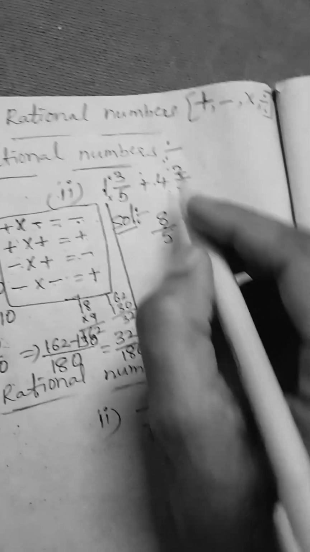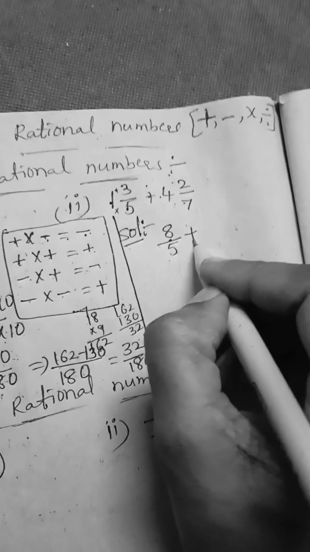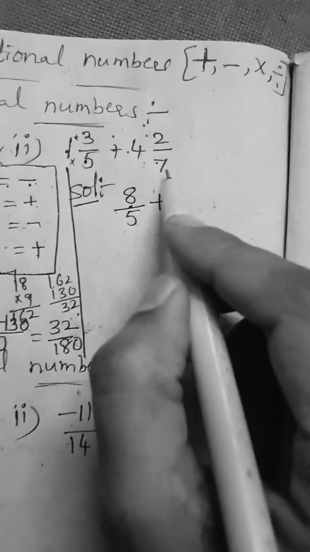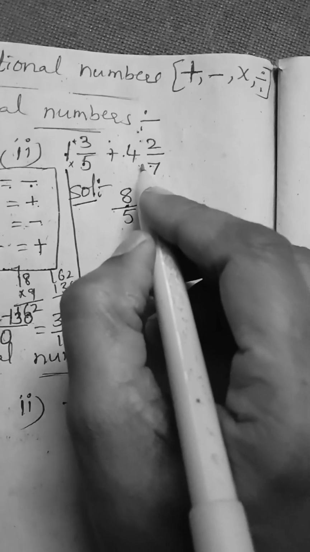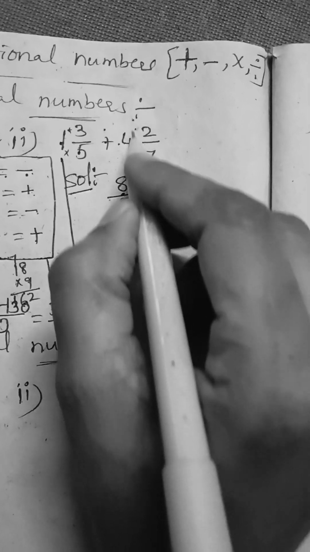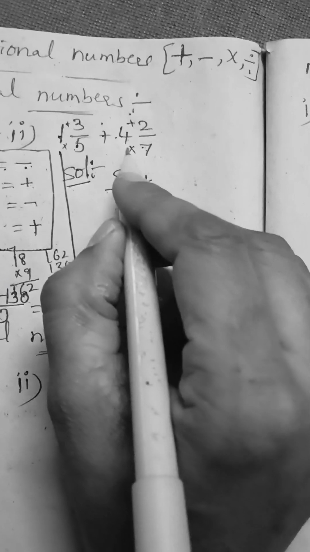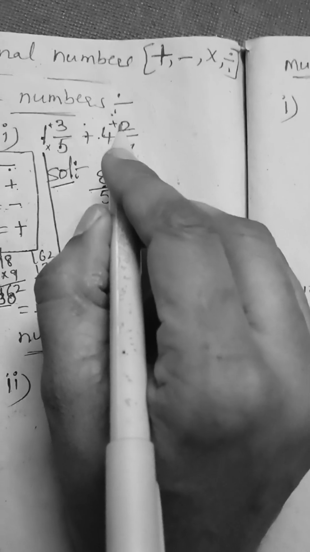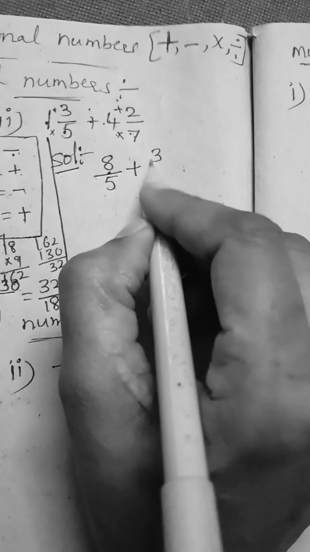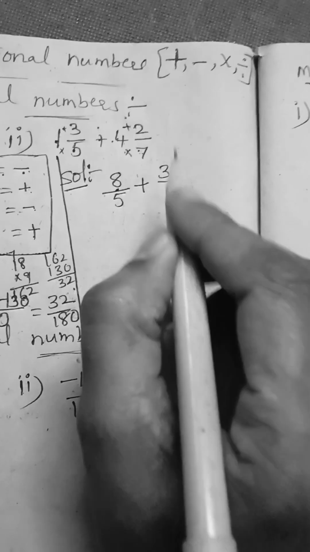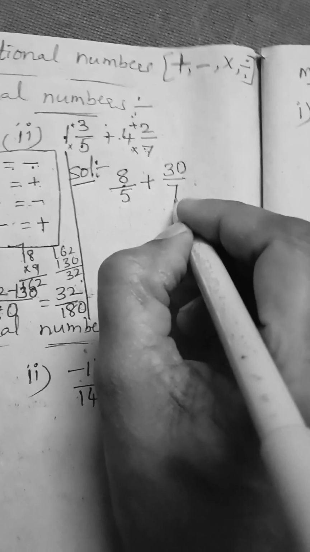Write plus as it is. Now 4 sevens: 7 into 4 is 28, plus 2 is 30, divided by 7.